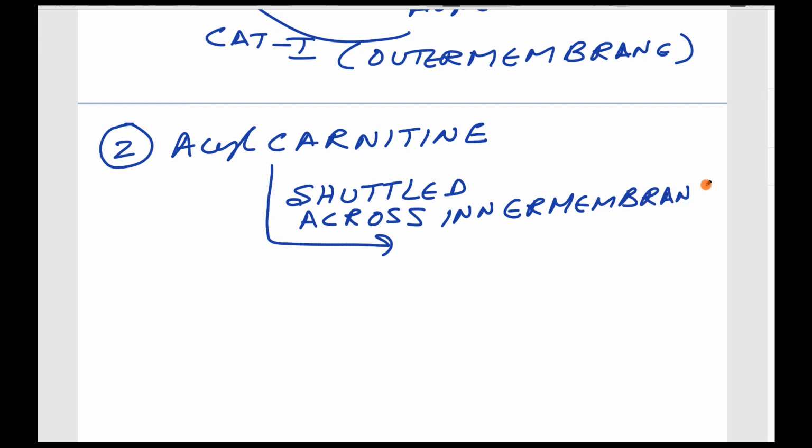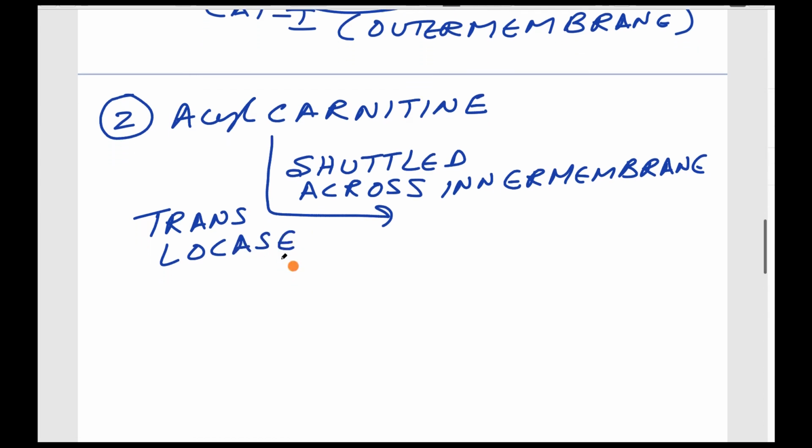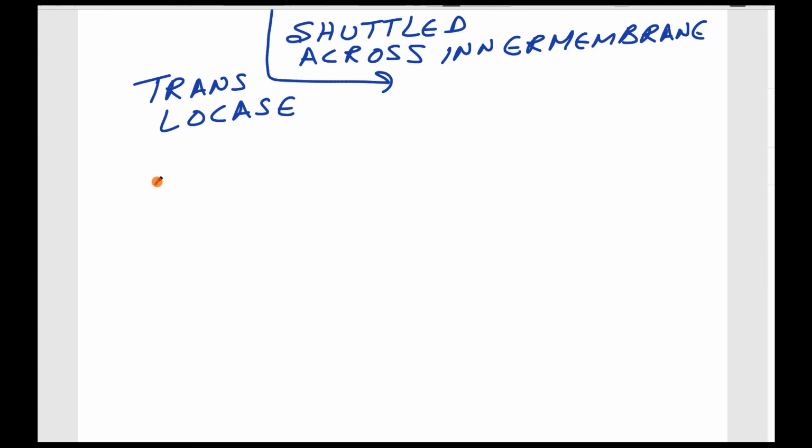The carnitine shuttle system part which carries out this step is translocase. Then the third step takes place in the inner membrane.